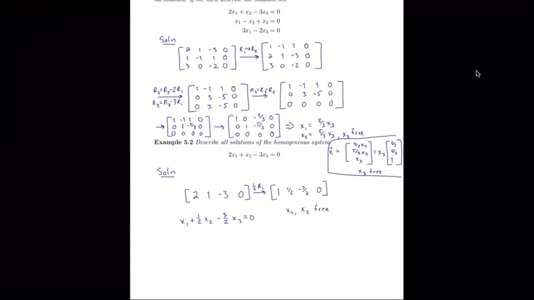And then x1 is the only one with a constraint. And that constraint is given by this equation right here. This equation has to be satisfied regarding x1. So x1 has to be equal to, we solve for it, -1/2 x2 plus 3/2 x3. And again, x2 and x3 are free variables.